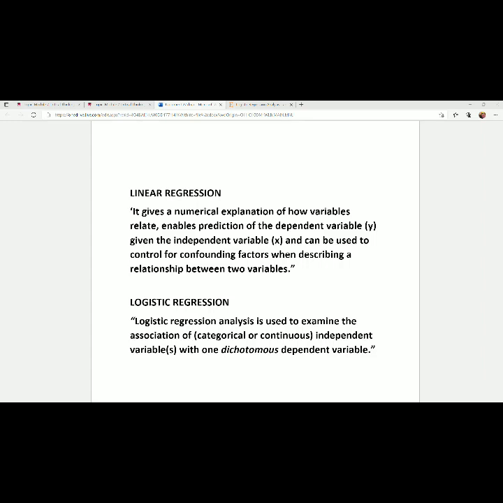The simple linear regression test is when you have a dependent variable that is scale, and the independent variable is any of the mentioned variables. The logistic regression test is when the dependent variable is nominal, and again the independent variable can be any of the variables.